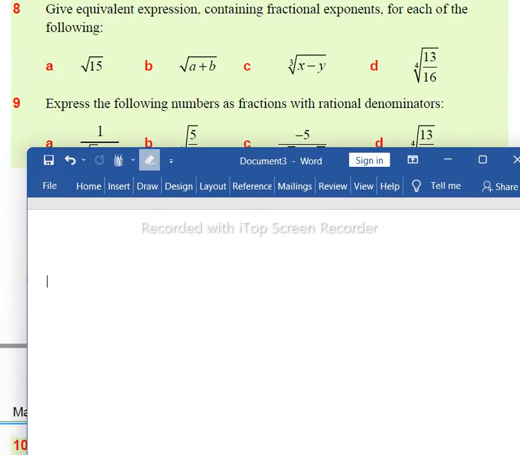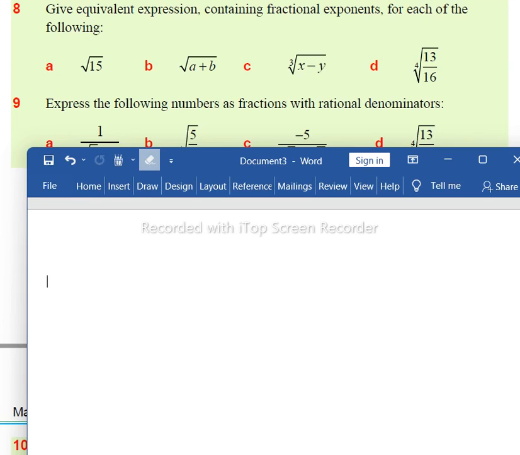Question number 8. Okay, given an equivalent expression containing a fractional exponent for each of the following. We can write this square root in the form of an exponent.